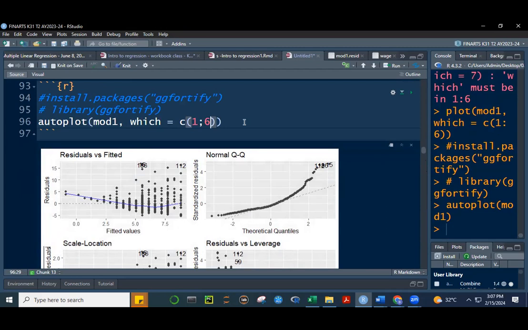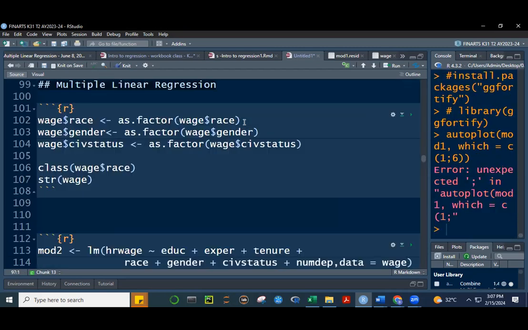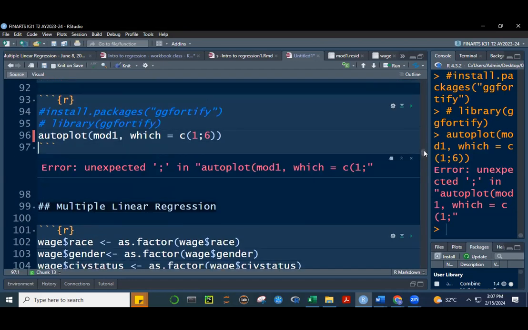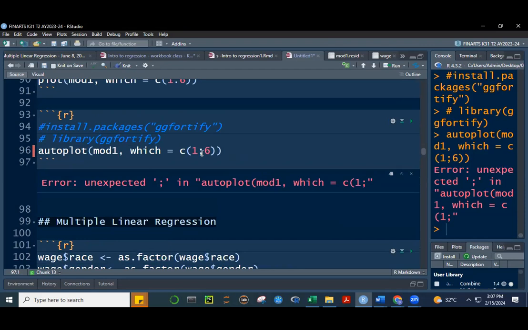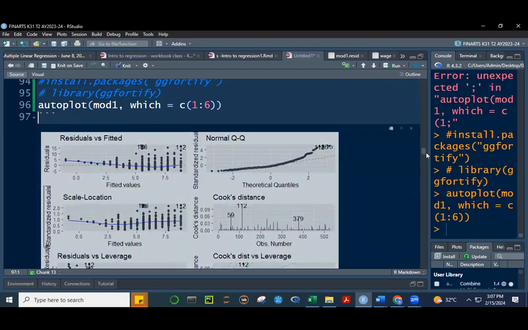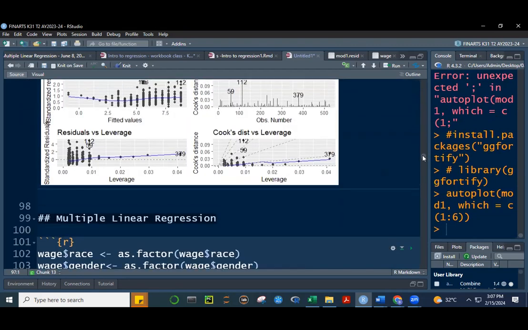Let's see if this also has the capacity to do that. Okay, what happened? Okay, ayaw niya, no? Hindi ko pa na-try to kay autoplot. Let's see if it will plot anyway. Yeah, it did.